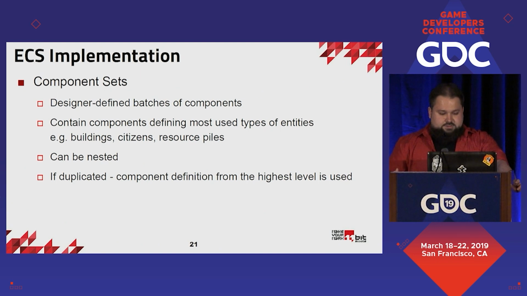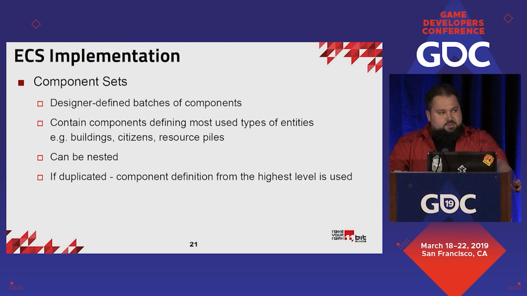They can be nested inside each other, and they can be attached to an entity. So aside from the component list, the entity also has pointers to component sets that are added when the entity is initialized.